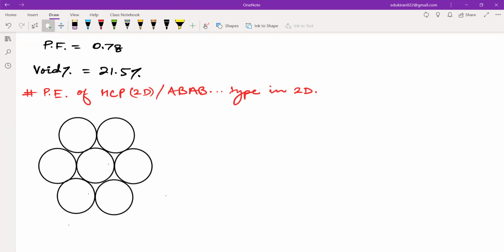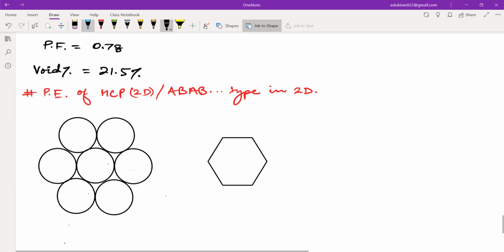We have the hexagonal close packing. Let me also draw the, this is our unit cell.